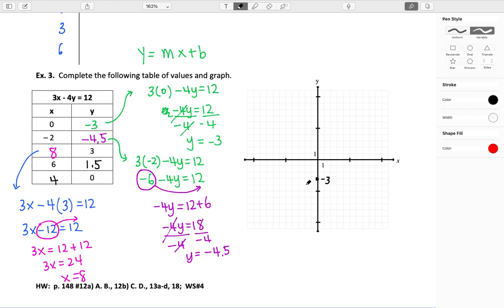So it's right in the middle, in between 4 and 5. We have 8 and 3. So this is 5, 6, 7, 8. And then I'm going up 3, because this is 5. And then we have 6 at 1.5, so right in the middle line. And we have 4, 0.